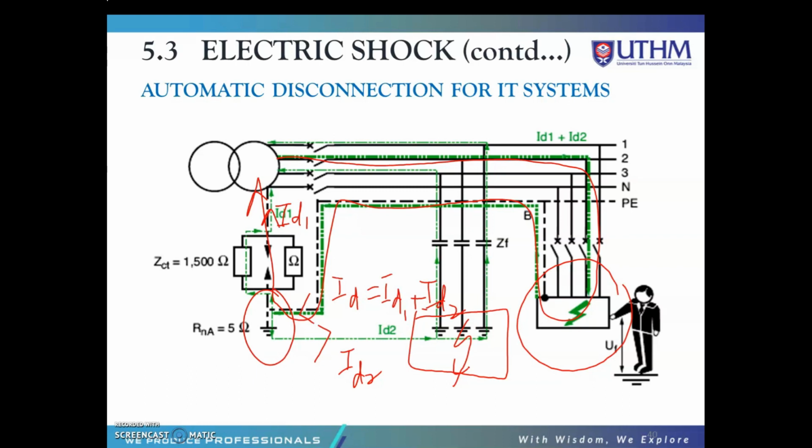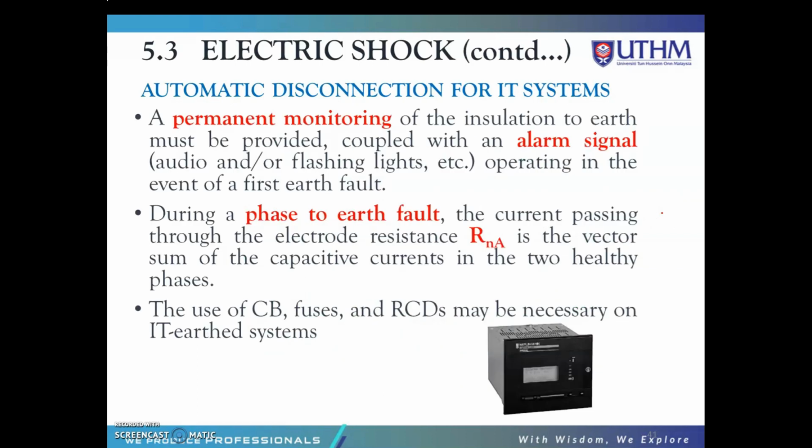Hence for this second fault we need the use of circuit breakers, fuses, and RCDs in the IT system. And this is the explanation of the automatic disconnection for the IT system.